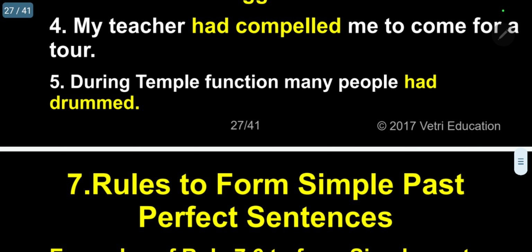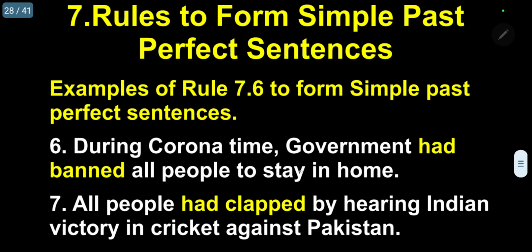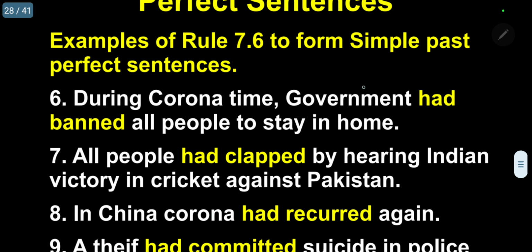During temple functions, many people had drummed. MED. Now the examples continue. Sixth example: during Corona time, the government had banned, B-I-N-N-E-D, added, banned all people to stay at home. Seven: all people had clapped on hearing of India's victory in cricket against Pakistan.